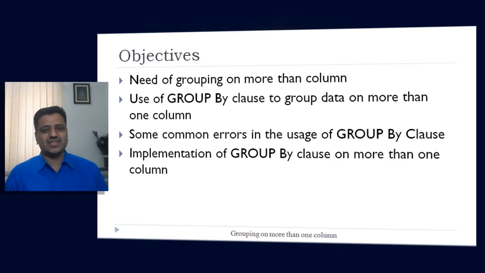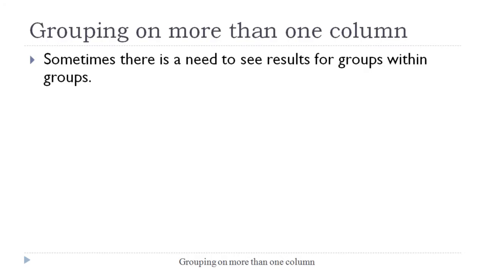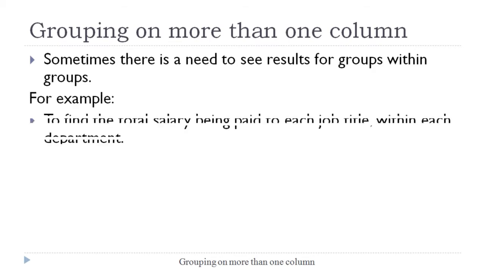Let's start this session. Sometimes there is a need to perform grouping on more than one column. It means that first grouping is performed on first column and then within that group, grouping is performed on second column. Let's understand this concept with an example where we wish to find total salary paid to each job title in each department.